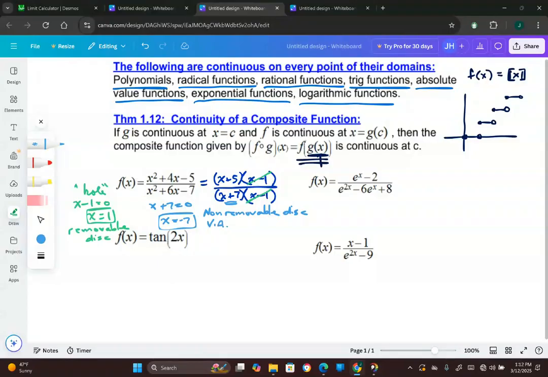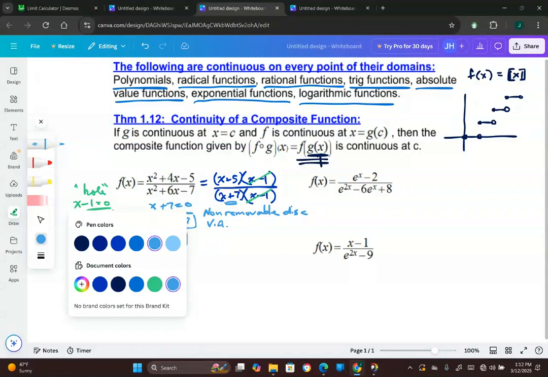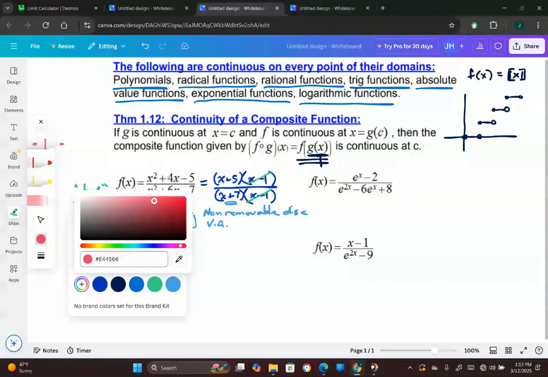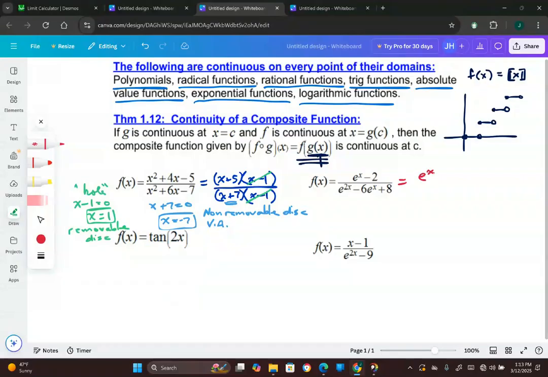We can do the same thing if we start factoring with problems that involve e to the x. This problem has e to the x minus 2 on the top. Now the bottom we can factor just like a quadratic. e to the x times e to the x is e to the 2x because you add their exponents. Now give me two factors of 8 that add up to negative 6. It would be minus 2 and minus 4.